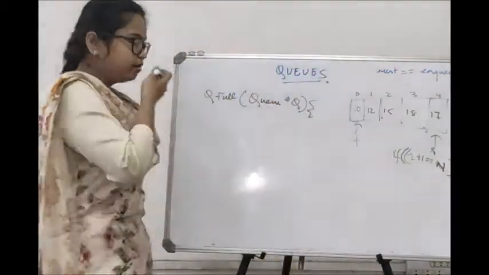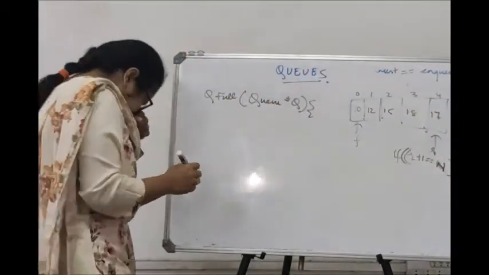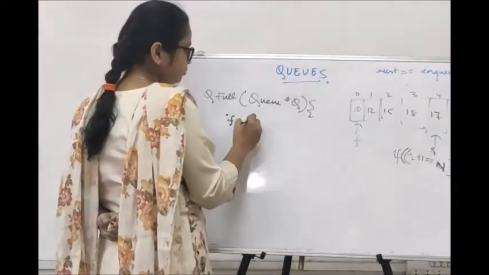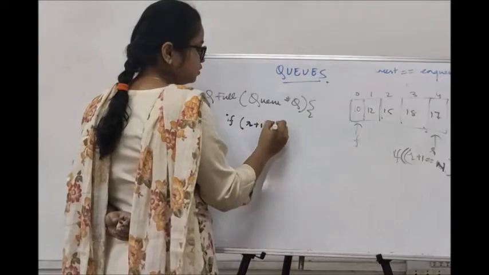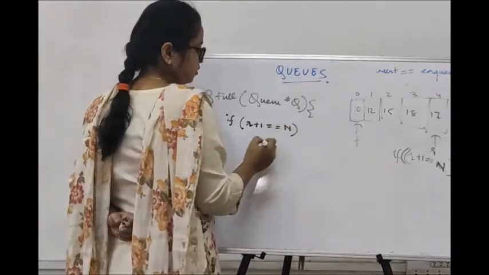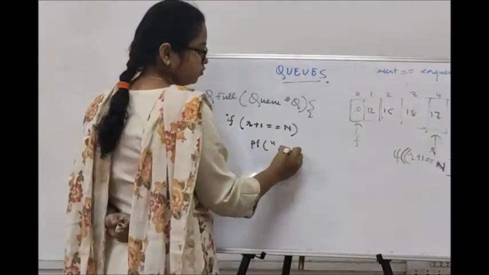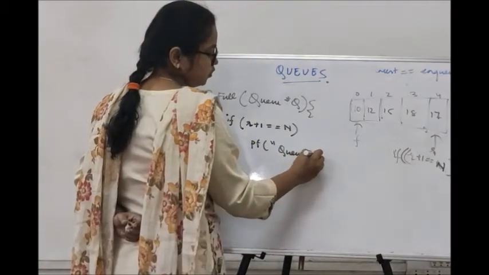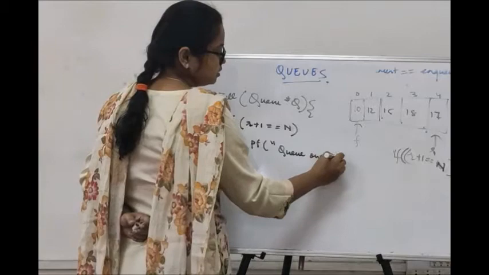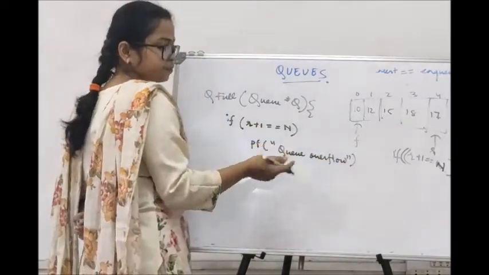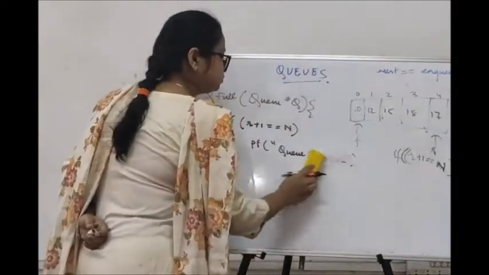So let's write that. So if R plus 1 is equal to n, we say printf Q overflow. That means it is already full, we cannot add, that means Q is full.